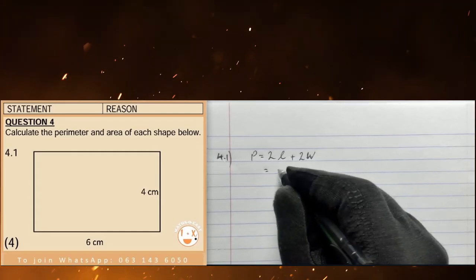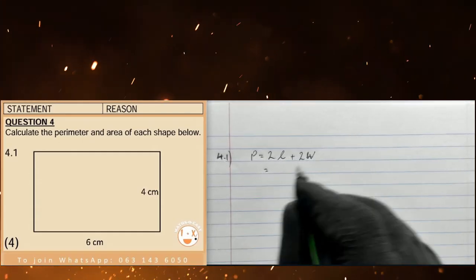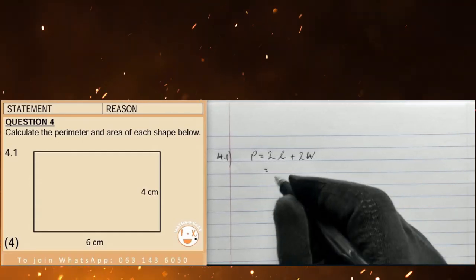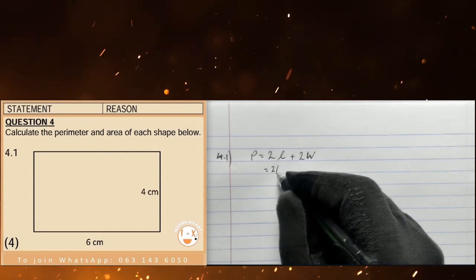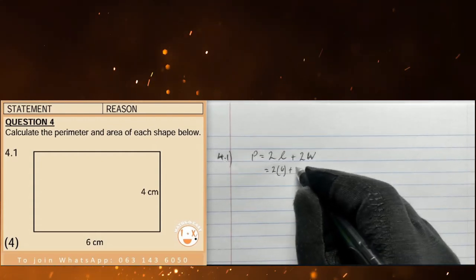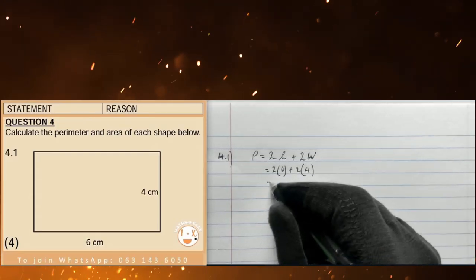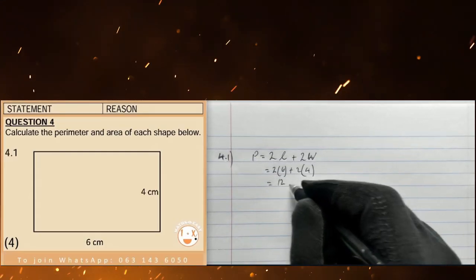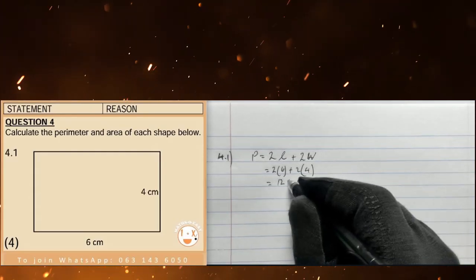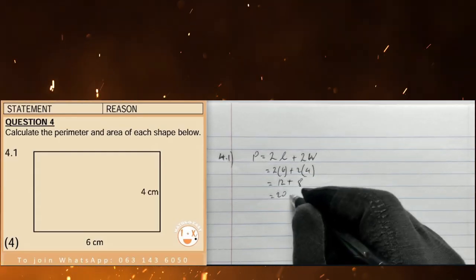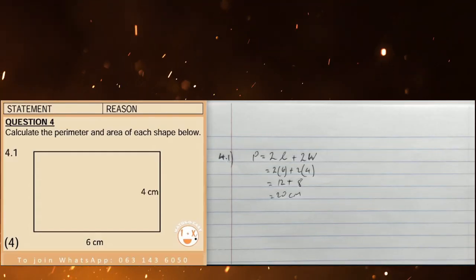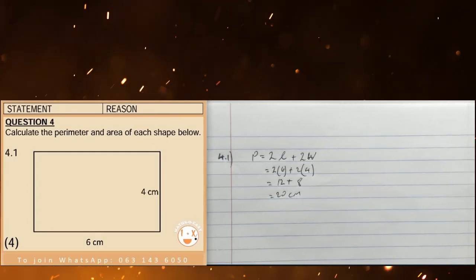Other people say, let me finish this one. So you can say 2 by 6 plus 2 by 4, then you're done. No need for a calculator. Look at that, 20 centimeters. Done. This is your 2 marks.